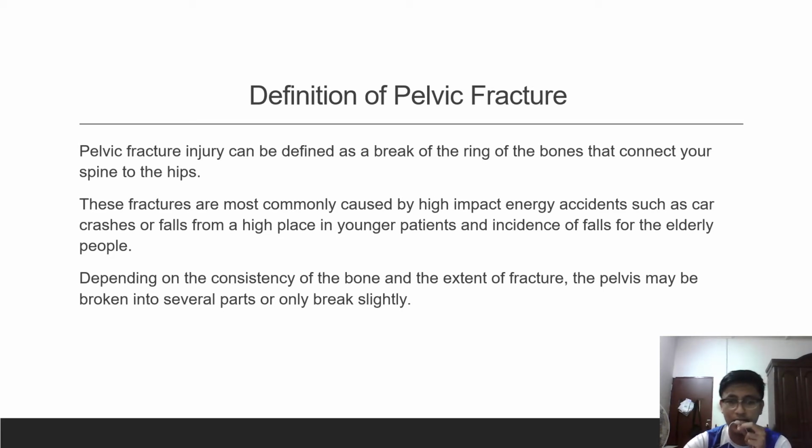These fractures are most commonly caused by high impact energy accidents, such as car crashes or falls from a high place in younger patients, and incidents of falls for the elderly. Depending on the consistency of the bone and the extent of fracture, the pelvis may be broken into several parts or only break slightly.